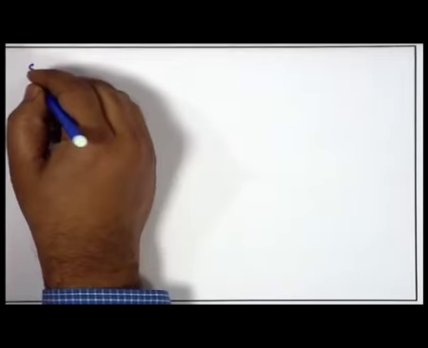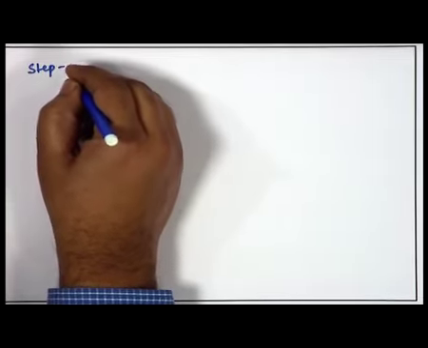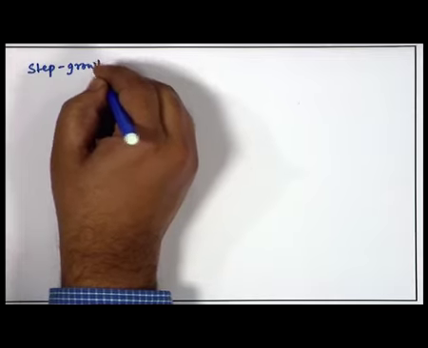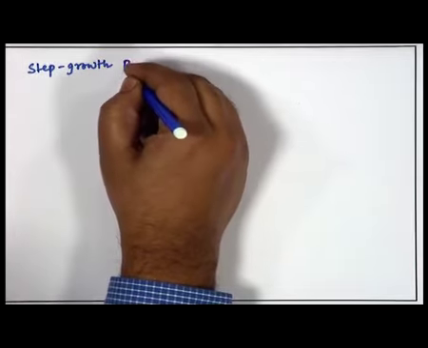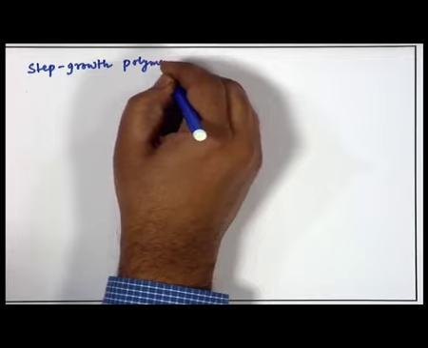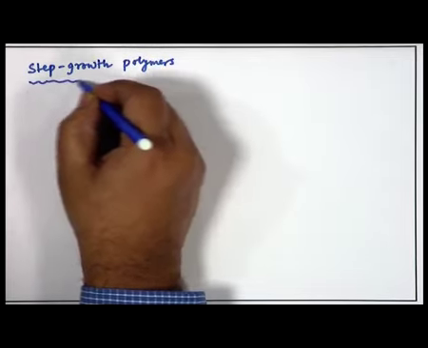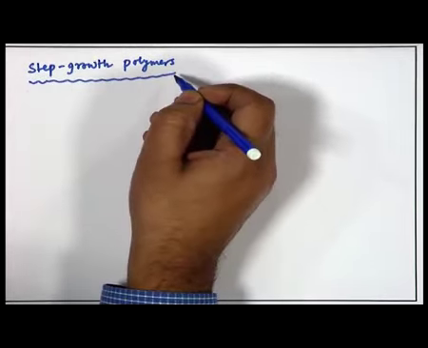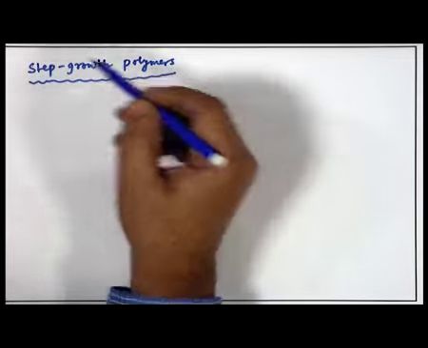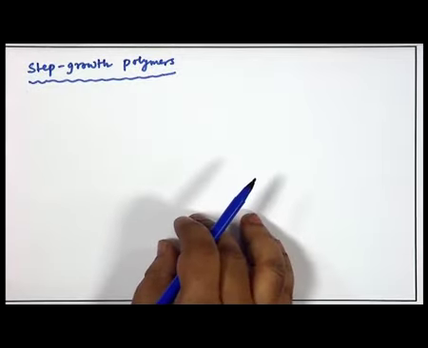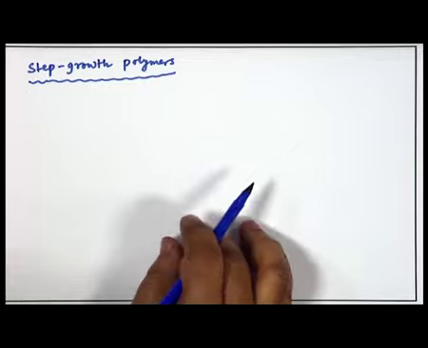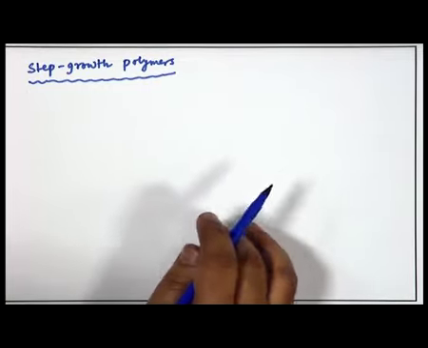Okay, the second category is what we call step growth polymerization, or step growth polymers. As the name suggests, like the earlier case, in this case the polymers are produced in steps. Now, what do you mean by steps?